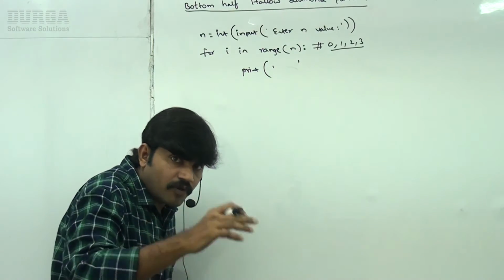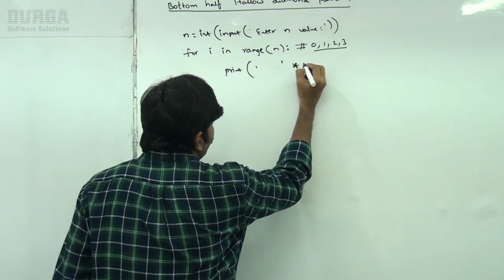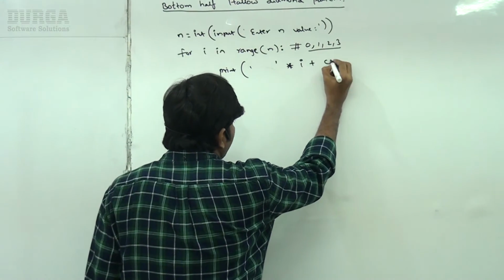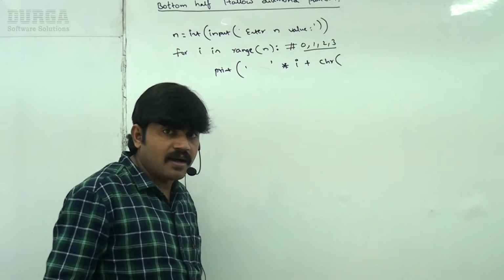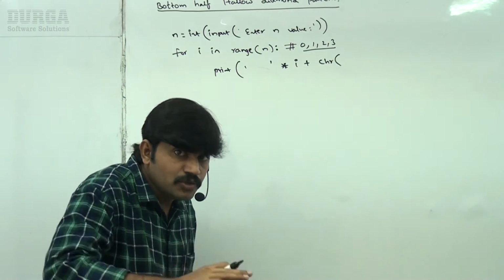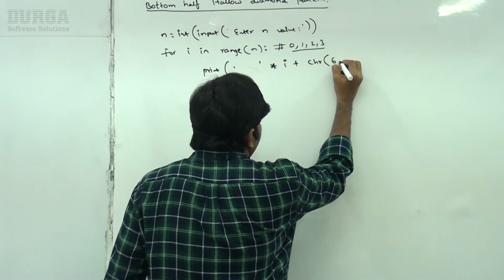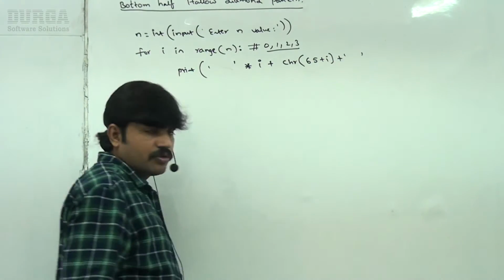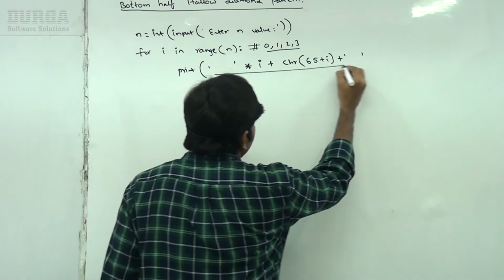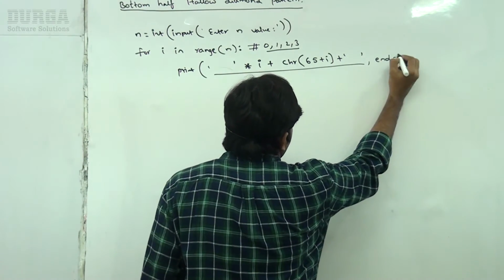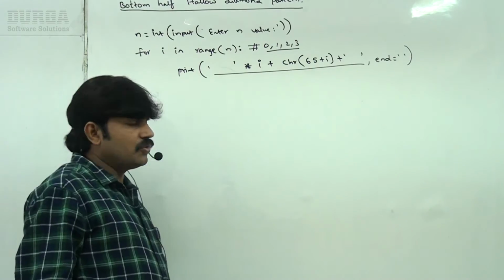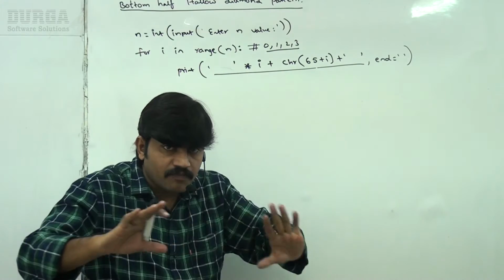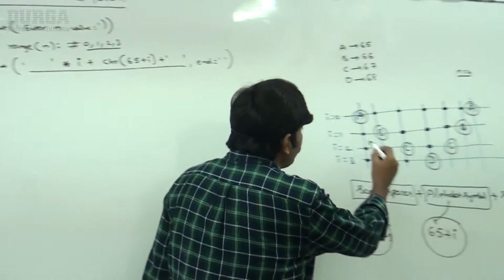Space symbol times i, sir. i number of spaces I have to take, plus which alphabet symbol? chr, convert the Unicode value into an alphabet symbol, 65 plus i, and then space you can take. After this, end is equal to empty.